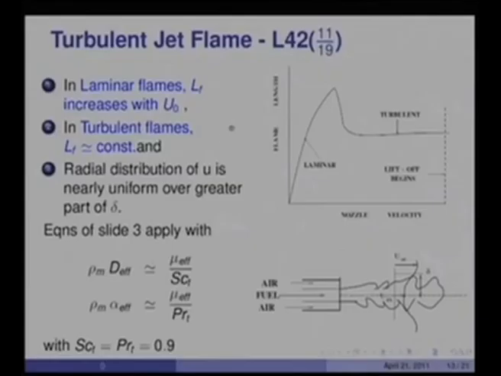So, we have something to think about here, how we can predict the turbulent jet flames. The radial distribution of u is nearly uniform over the greater part of the length, and also experimentally it is very difficult to identify the edge of the flame length, because the turbulent flame is never steady, it is unsteady, and the edges are very jagged.